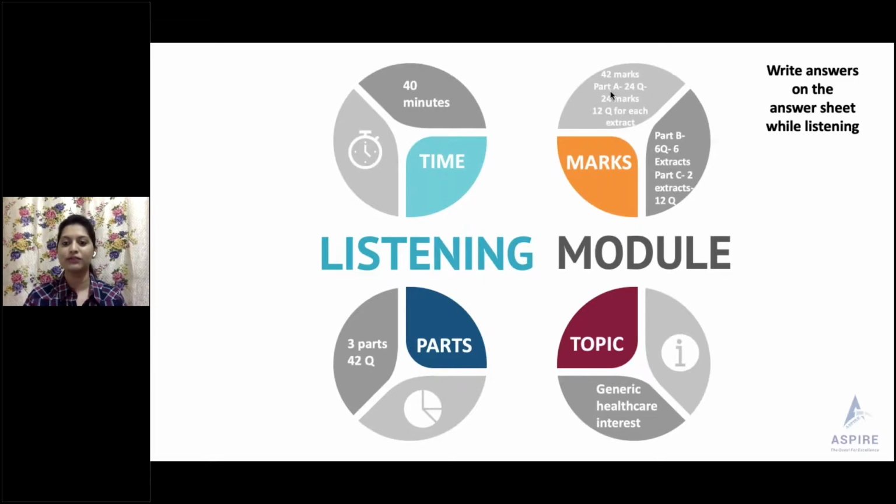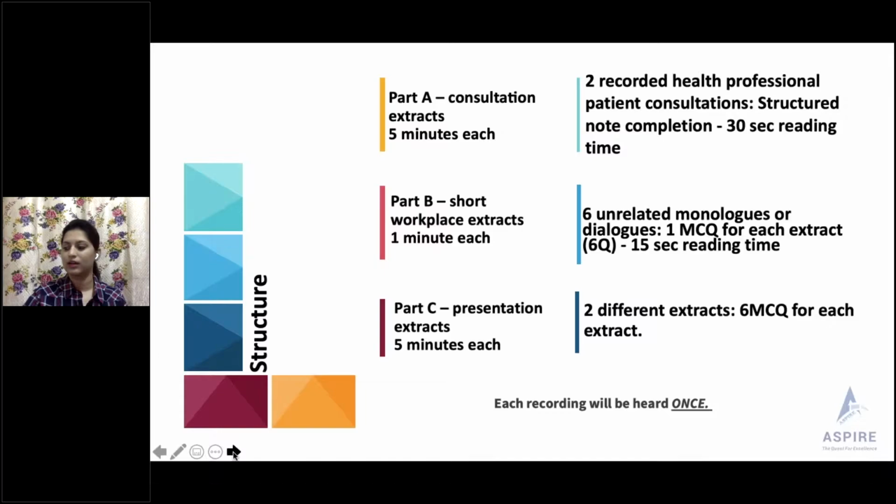And part C will have 2 extracts and 12 questions. So the topic of the listening module is pretty generic because this will be the same paper across every profession or platform. So the topic is going to be of generic healthcare interest.